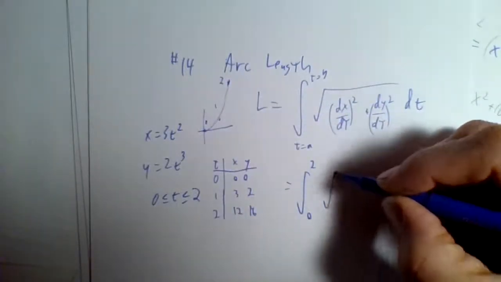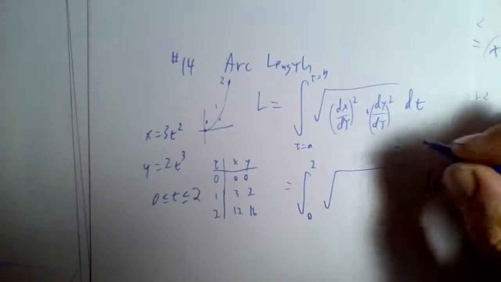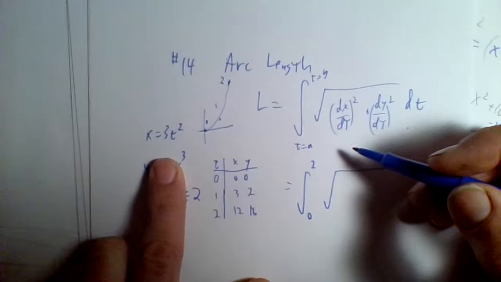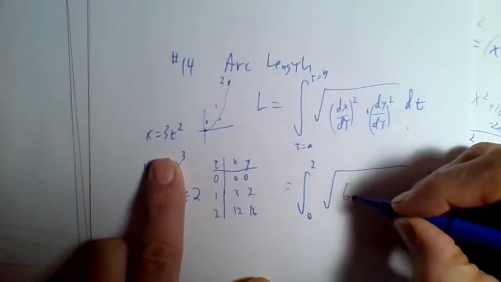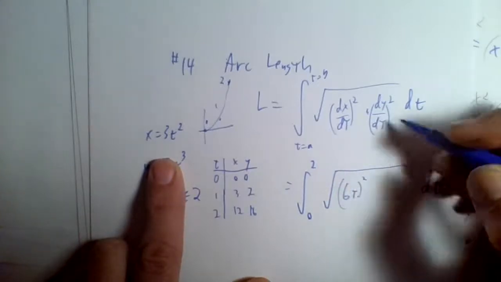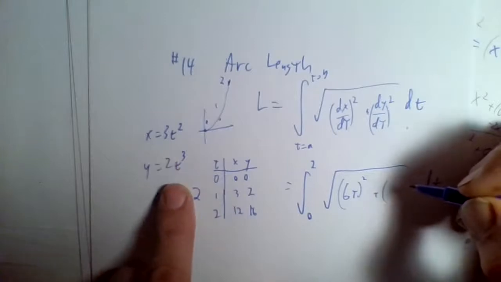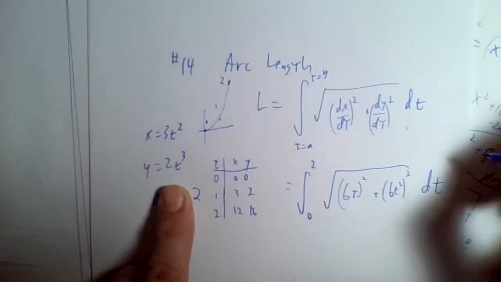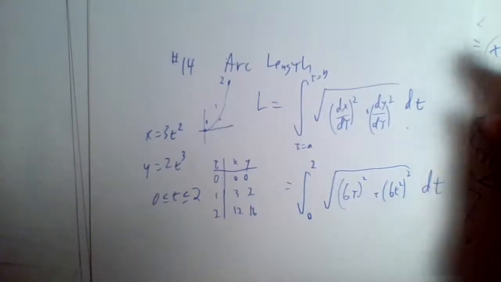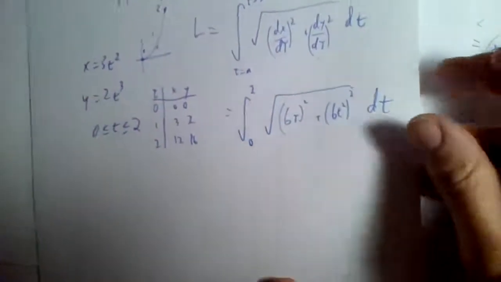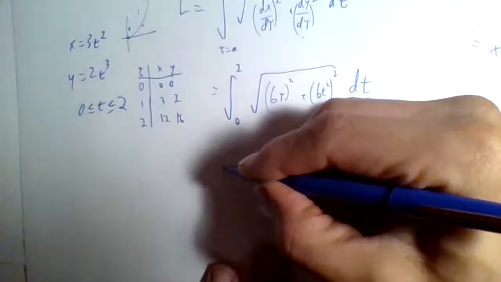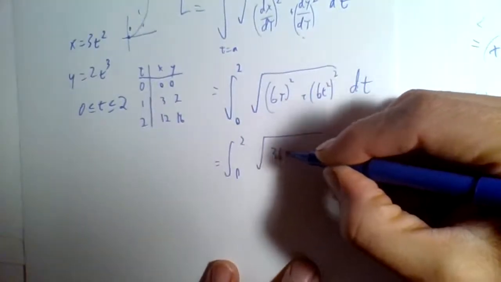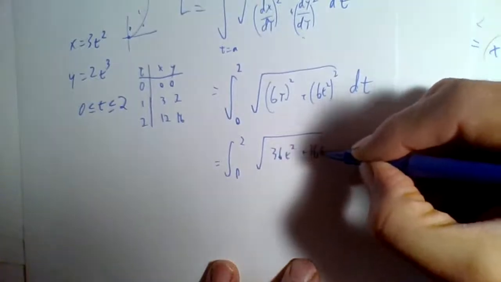I need my derivatives inside here then. So dx/dt will be 6t to the first, and that gets squared in here. And dy/dt will be 6t squared, which also gets squared in here. So simplify that out. We got 36t squared plus 36t to the fourth.